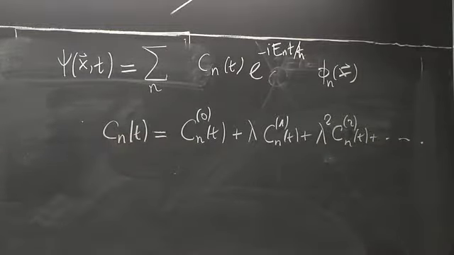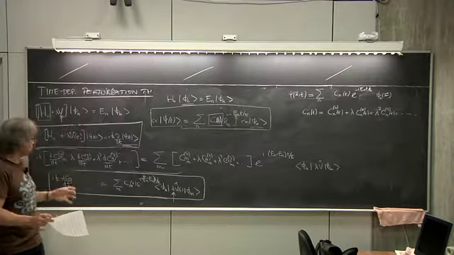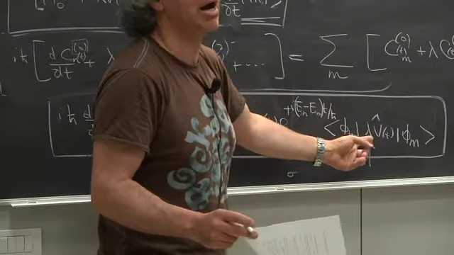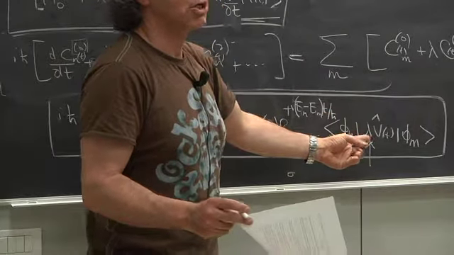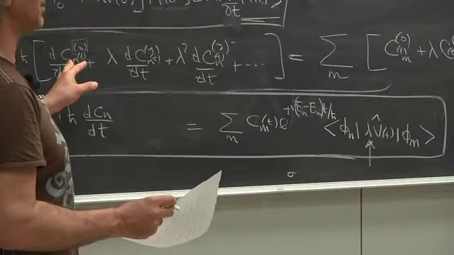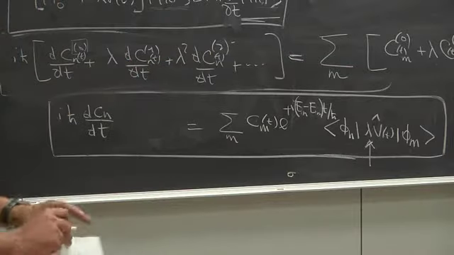Now, if I use that, I realize that I do have a recursion, because on the left-hand side there is no lambda. On the right-hand side there is an extra lambda. So I'll see in a second the matching of the lambda powers.